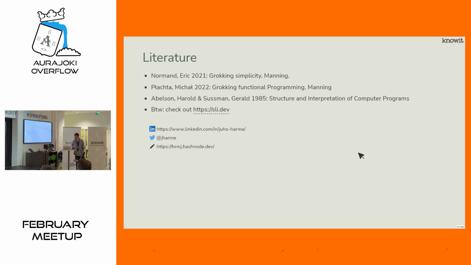And in that book, Normand cites Harold Abelson and Sussman for the original concept. And funnily enough, Manning has two nearly identically named books. One is called Grokking Simplicity, one is called Grokking Functional Programming. I do think both are excellent books, but the first one is the one where I got the concept of stratified design from.